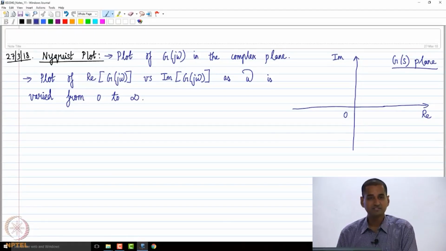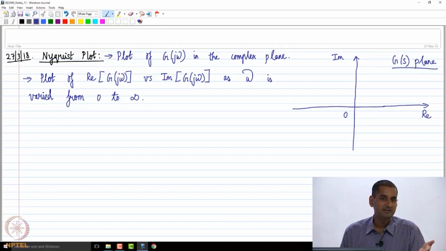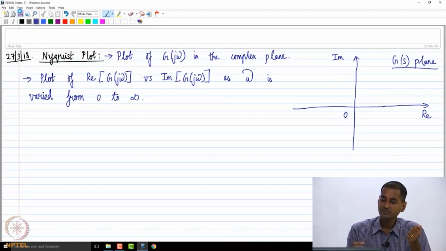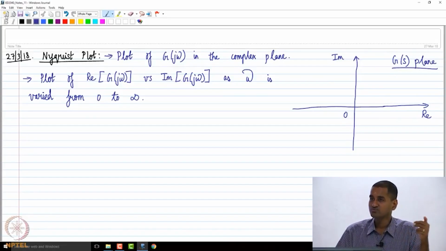So as we vary omega from low frequencies to high frequencies, what happens to the real part and the imaginary part? When we ask what the application of this Nyquist plot is, how do you use it in practice? We are going to look at that, and we are going to see how the Nyquist plot can be used for even stability analysis and even control design. That's something we are going to look at as we go along.